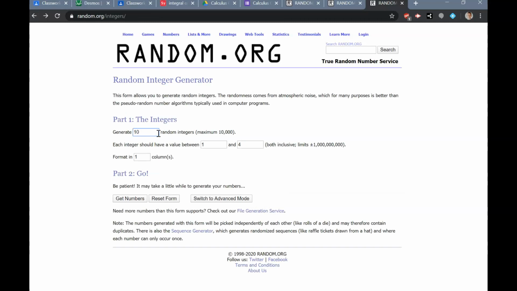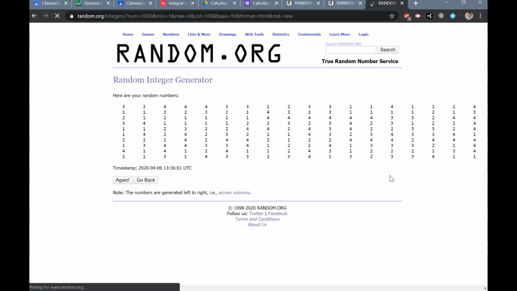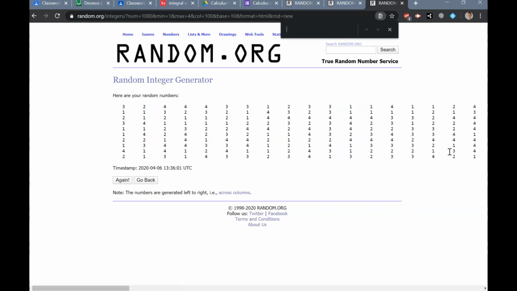Let's see what happens. Do 1,000 random integers from 1 to 4. We're going to format that in 100 columns to represent the 100 quizzes. Now, I'm not going to look through these all. I'm just going to use my control find function and count the number of 2's, excluding the 1, 2, 3, 4, those 4.